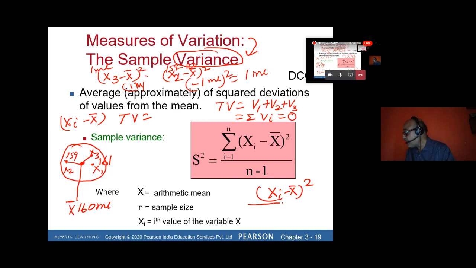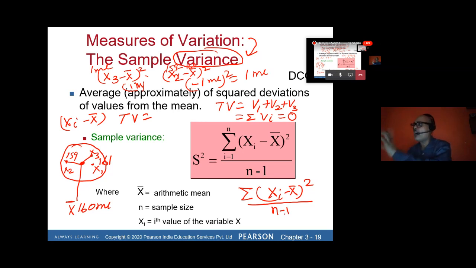If you want to find the average variance of the whole population, you sum all of it and divide by capital N. If you want the average variance of only the sample, you have to divide by small n minus 1. Minus 1 because of the degree of freedom. Degree of freedom for any sample size is n minus 1.